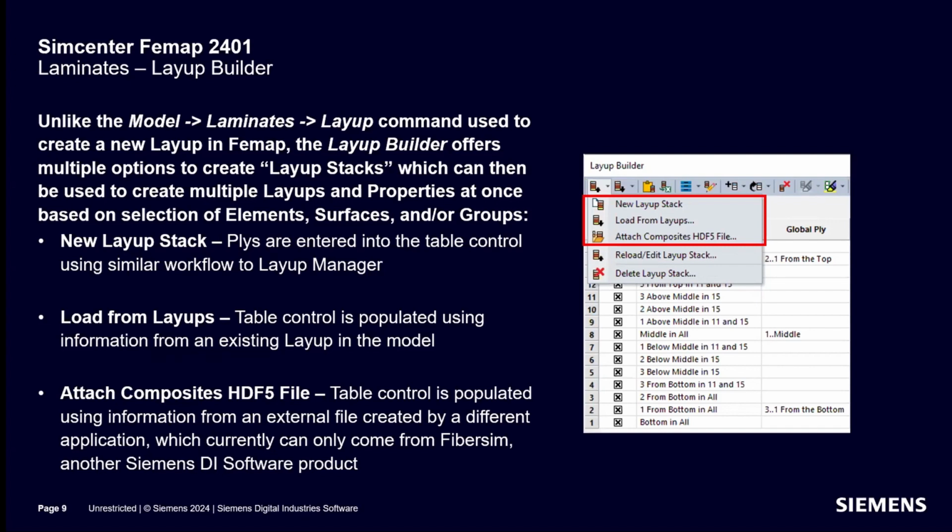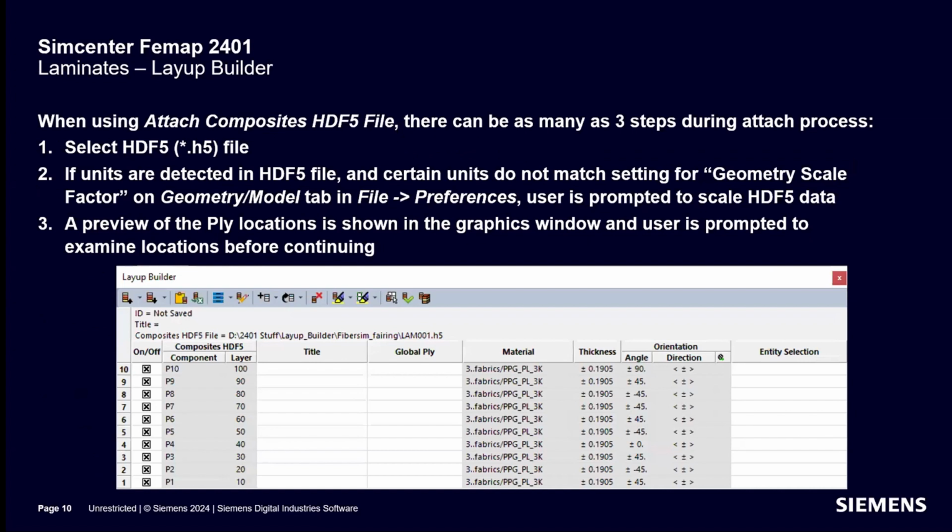So that's the way that you can create them. Depending on what you're doing, you can get different columns that show up. When you read the HDF5 file, you select the file, see if the scale factor matches, and then you get a preview of the ply locations in the graphics window.